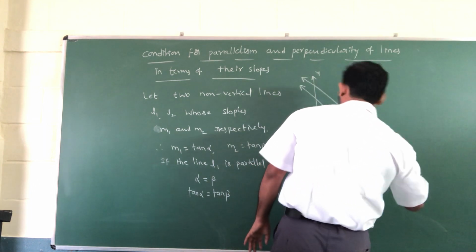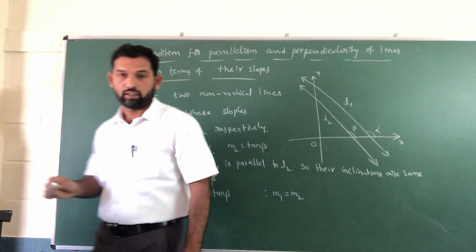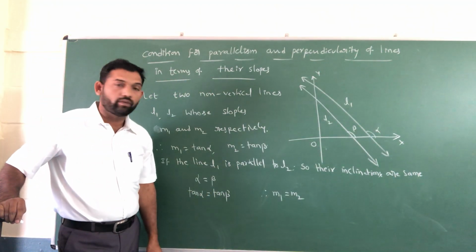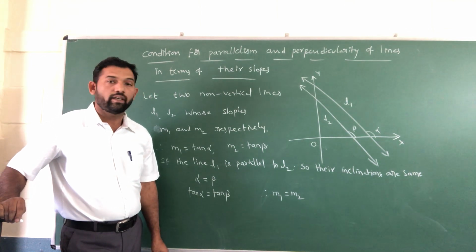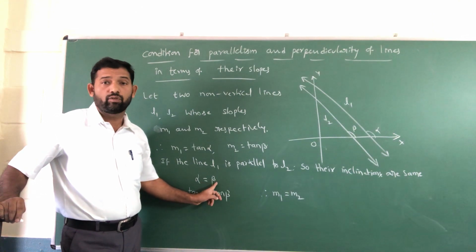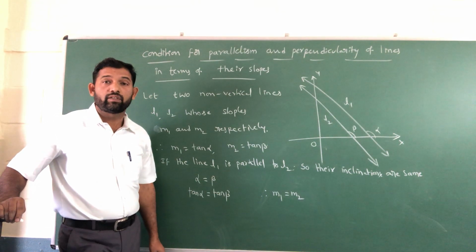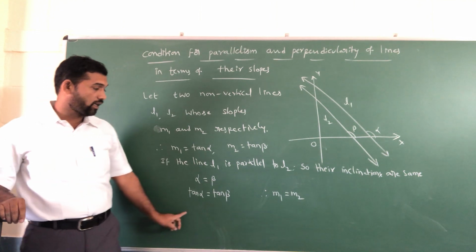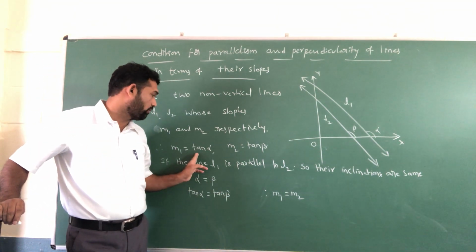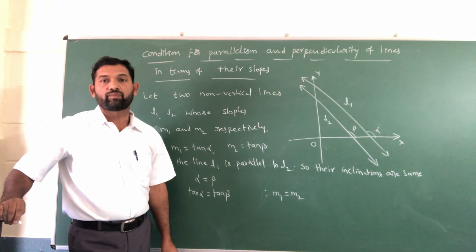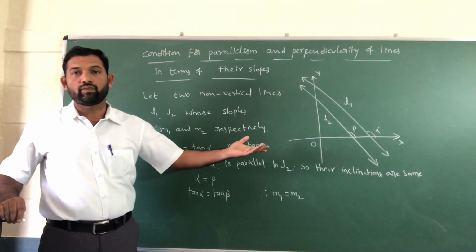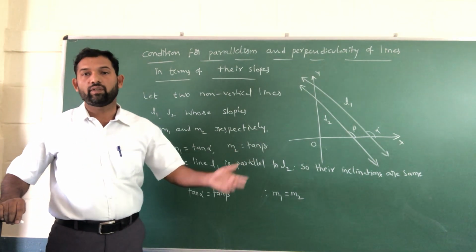Remember this point, it is very important. Inclinations means alpha is equal to beta. Taking tan on both sides, tan alpha is equal to tan beta. Tan alpha means m1, tan beta means m2, so m1 is equal to m2. m1 is the slope of L1, m2 is the slope of L2.